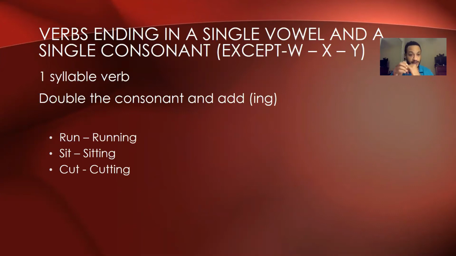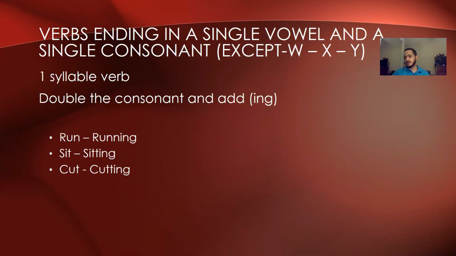It finished with a vowel, the vowel U and N, UN, running. And also, besides that, you need to understand that it has also one syllable: run, sit, cut, only one syllable, right? It has one syllable, and besides that, it has a vowel and a consonant.